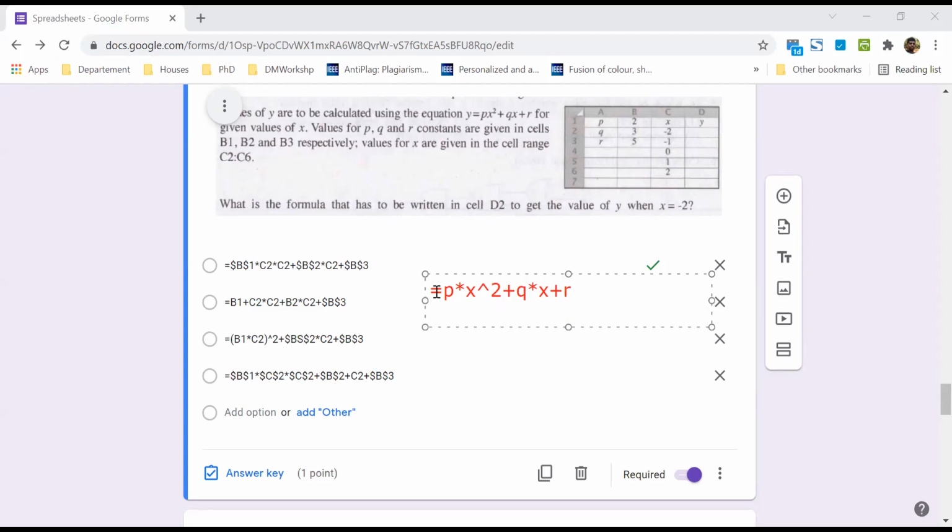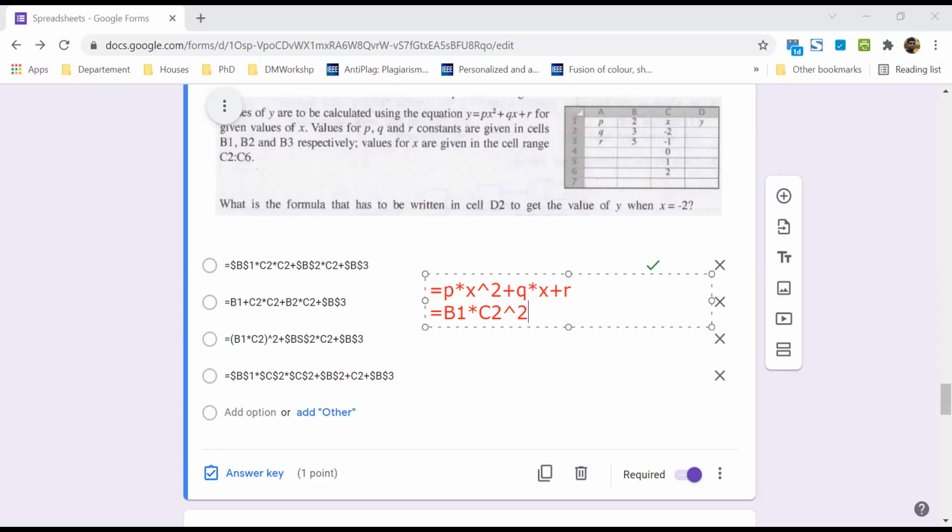If I put the cells where P is in D1, isn't it? It's in D1, multiplied by X, which is in C2. X is in C2.